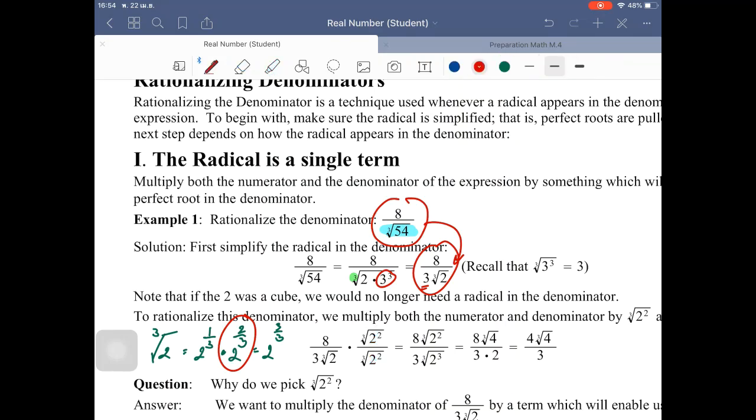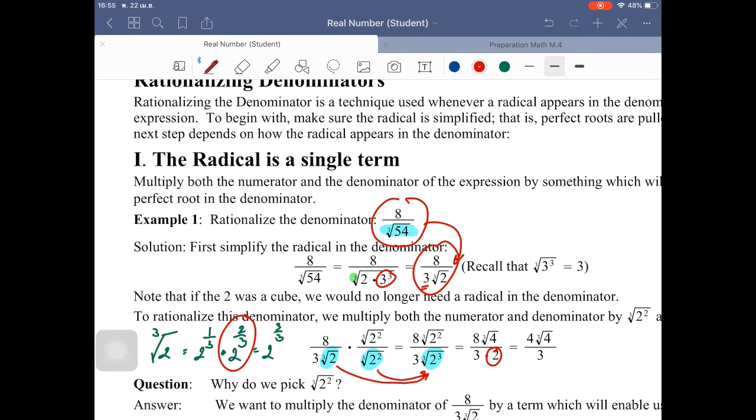So we will multiply 2 to the power of 2 here in order to fulfill the radical, okay? And then after you multiply, you get 8 times the cube root of 2 to the power of 2 in the numerator. The denominator becomes the cube root of 2 to the power of 3 each 2.